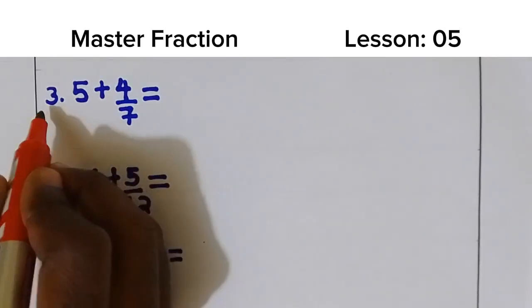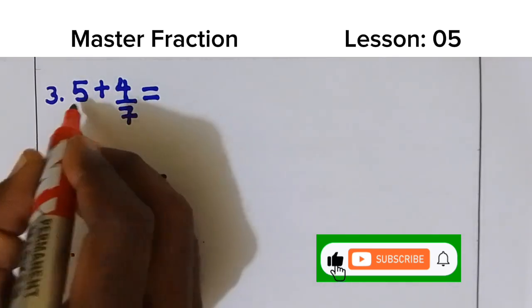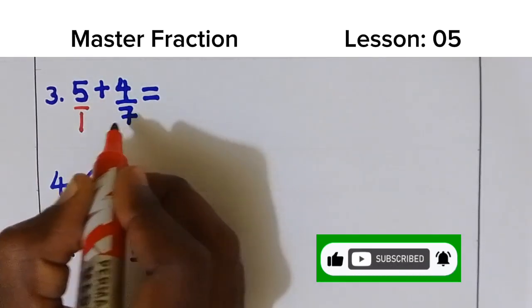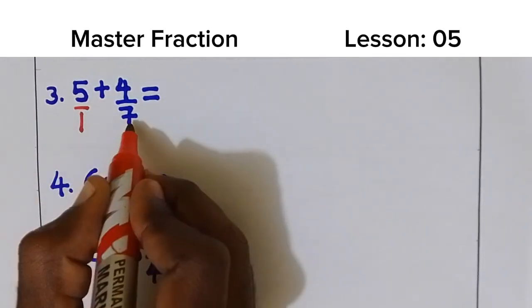Let's do question number 3. I'm going to change the whole number into fraction by put over 1. Then I'm going to find the LCM of 1 and 7, which is going to be 7.